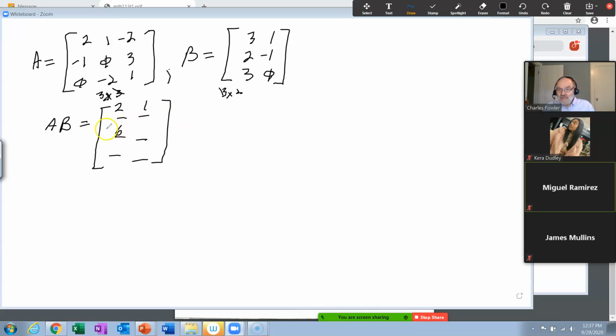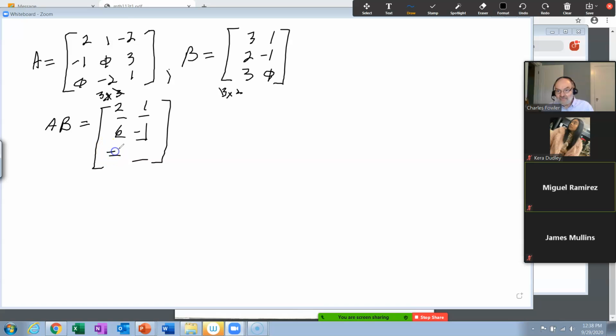Okay. The 2, 2 entry would be second row here, second column here. That would be a -1 plus 0 plus 0. That's going to be a -1. The 3, 1 entry here, third row here, first column there is a 0 -4 plus 3.